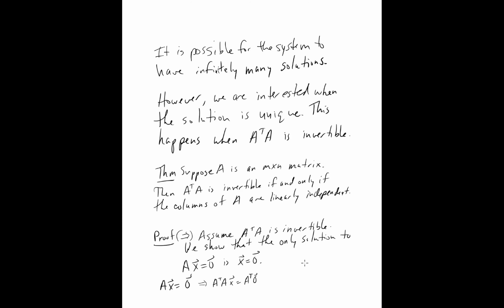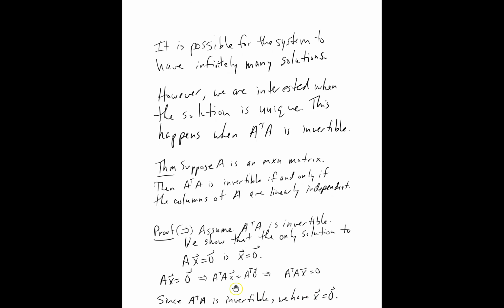So if I start with AX equals 0, then I can multiply both sides by A transpose. But A transpose A is invertible, so I get X equals 0 at the end by multiplying both sides by the inverse of A transpose A. So the only solution to the equation AX equals 0 is X equals 0. The only way that this can happen is if A has linearly independent columns.